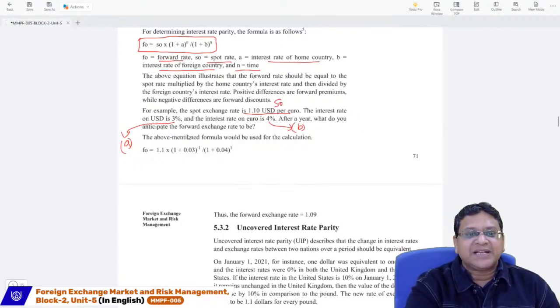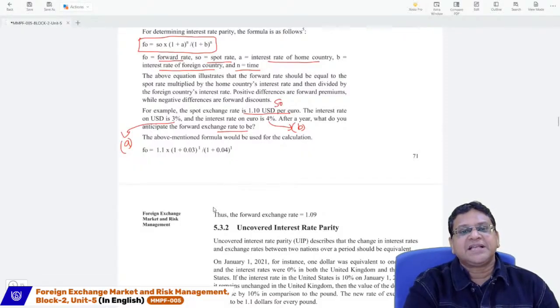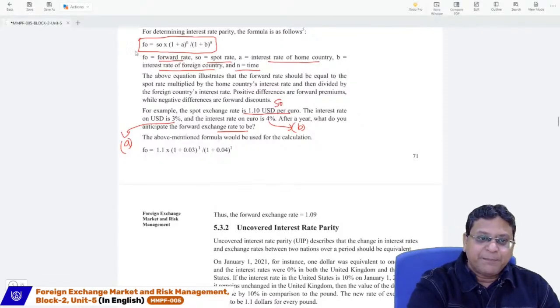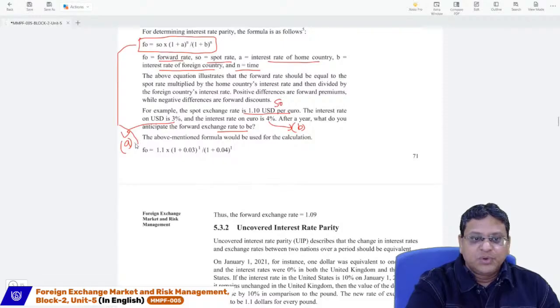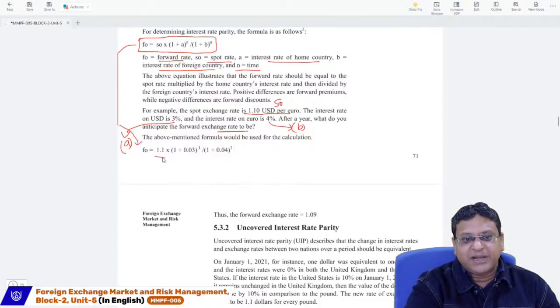Next, what do you anticipate the forward exchange rate to be after 1 year? After one year, what will be the exchange rate? How to calculate? We have to apply the formula. F0 is equal to S0, which is 1.10, into (1 plus a) to the power n. A is 3%, which means 0.03, and n means 1.